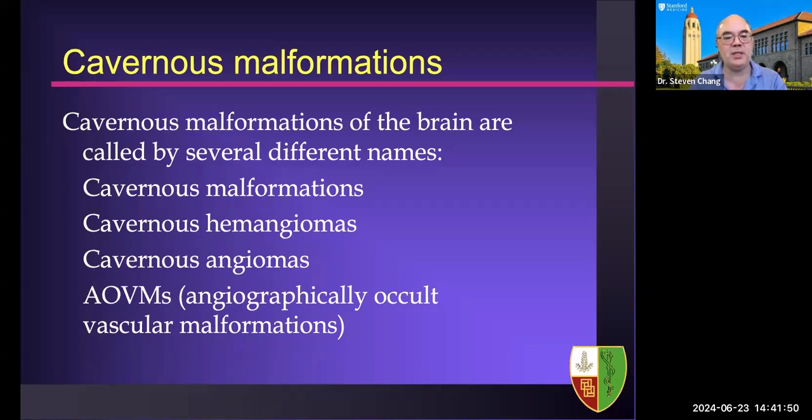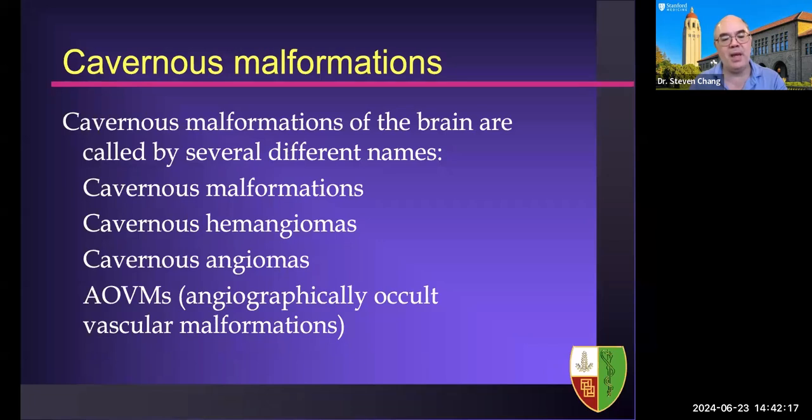You'll also see the terms cavernous hemangiomas or cavernous angiomas, which again are one and the same. And then finally, perhaps a little bit older term, AOVM, which stands for angiographically occult vascular malformations, of which cavernous malformations are a subtype.